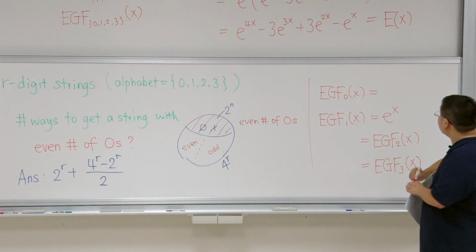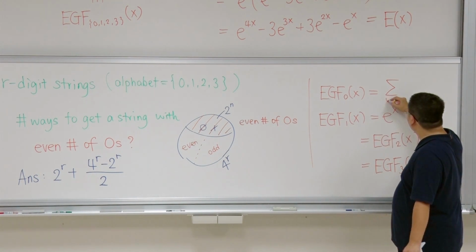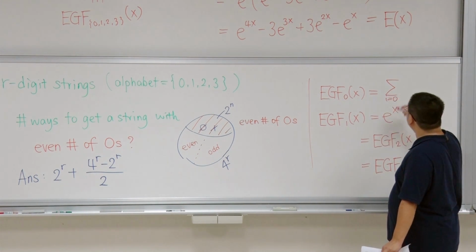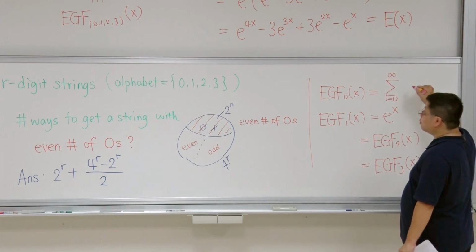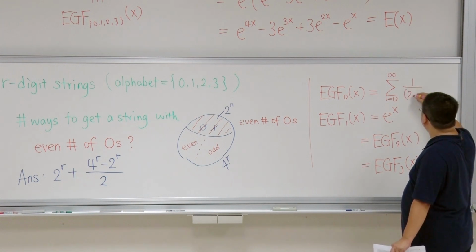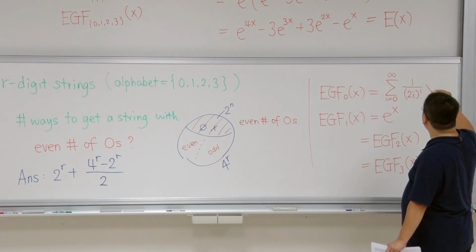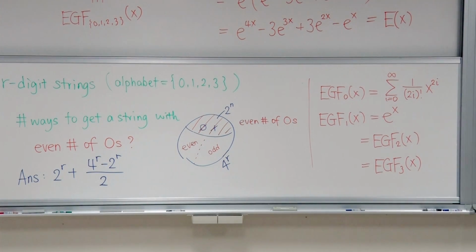Is that okay? So if you sum them up, it is equal to the sum from i equal to 0 up to infinity. We just have even terms: 1 over (2i) factorial x to the power 2i. Is that okay? This is what we have.